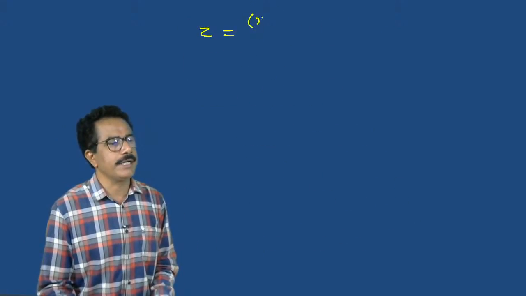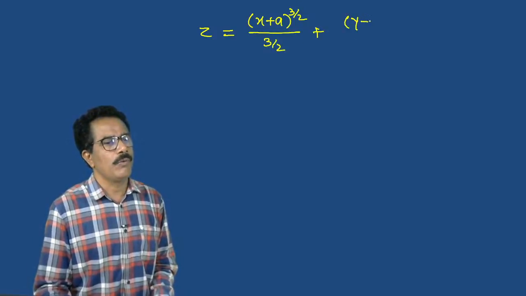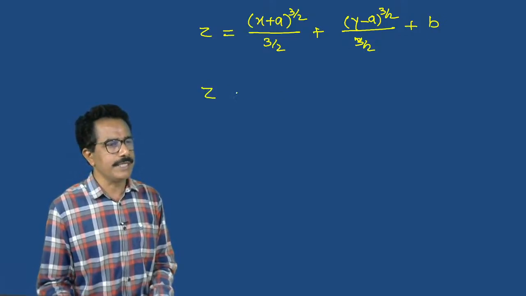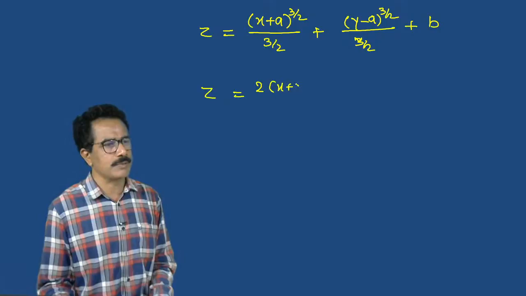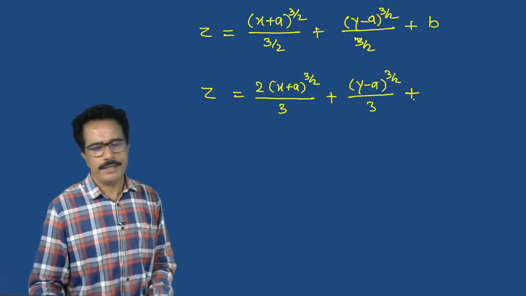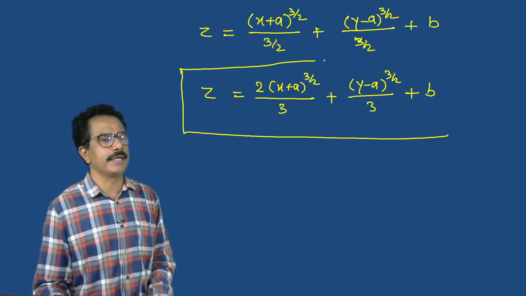So we can write x plus a raised to 3/2 upon 3/2 plus y minus a raised to 3/2 upon 3/2 plus b. So z is equal to 2 into x plus a raised to 3/2 upon 3, plus y minus a raised to 3/2 upon 3, equals b, and this is the required complete integral.